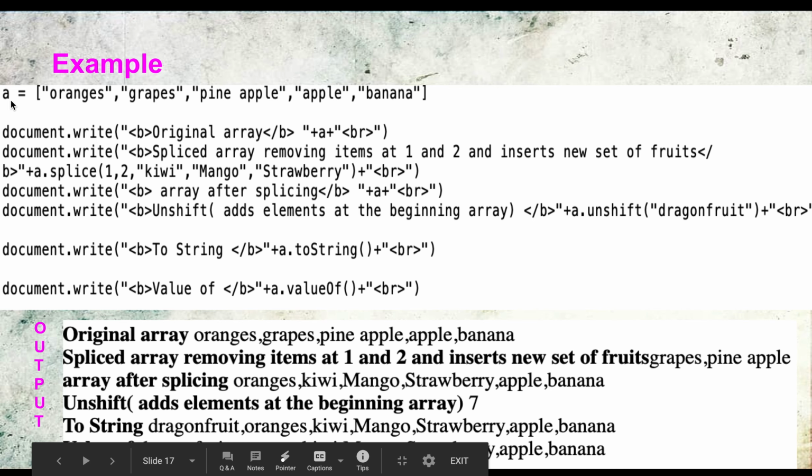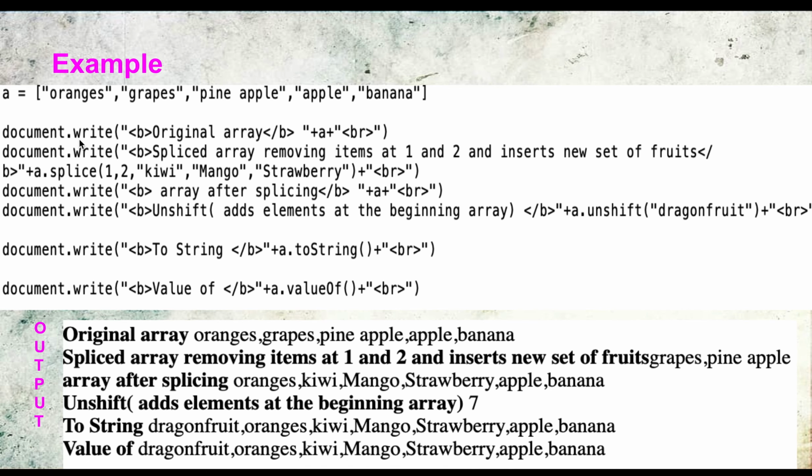So you can see A is the array with a list of fruits, and the first document.write displays the original array. In the second document.write, splice is done where the start index is position 1. Position 1 here represents grapes.